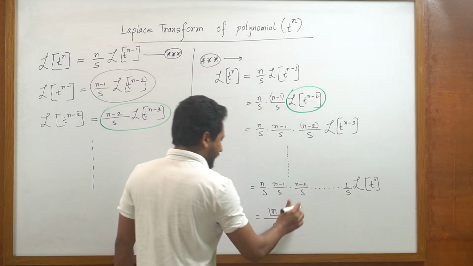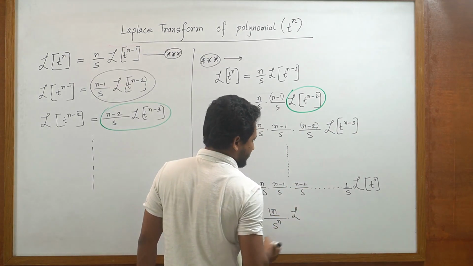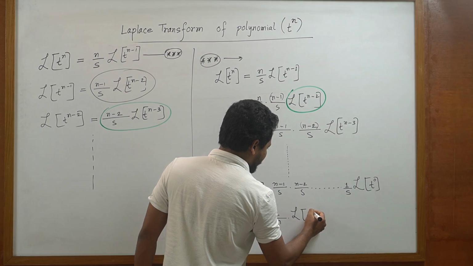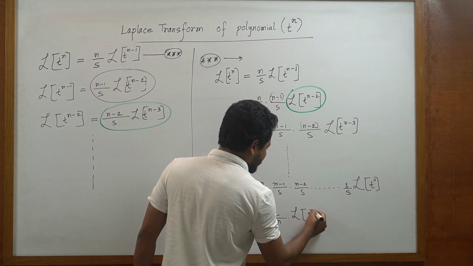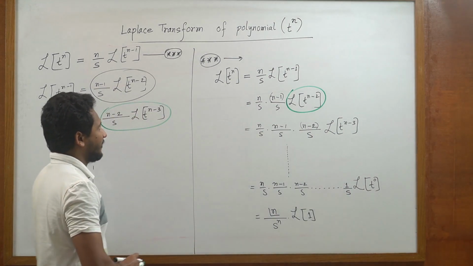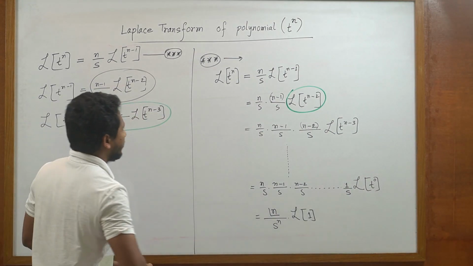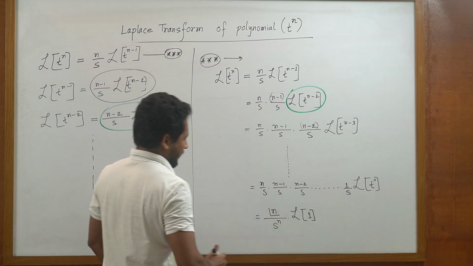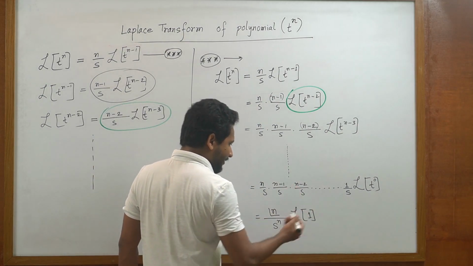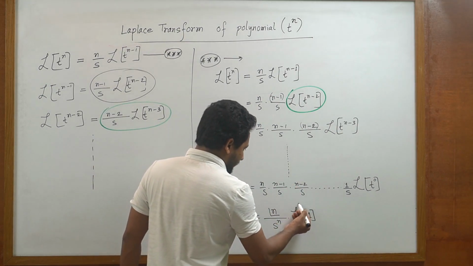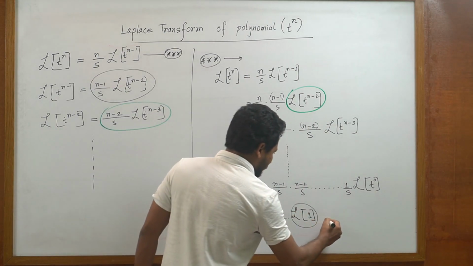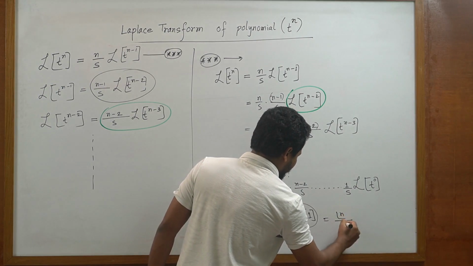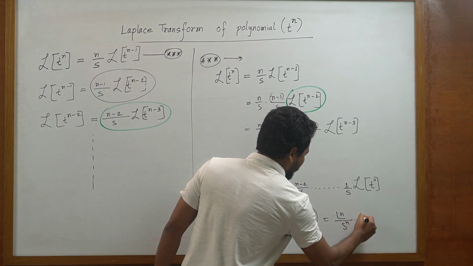Okay, and the Laplace transform of t to the power 0, and t to the power 0 should be written as 1. Okay, and we already know that Laplace transform of 1 is 1 by s, so the result would be factorial n by s to the power n into 1 by s.